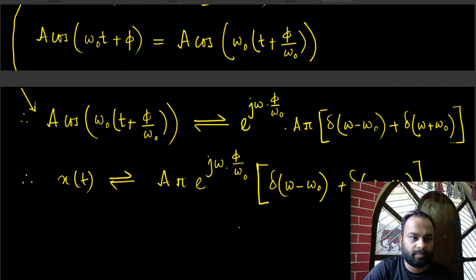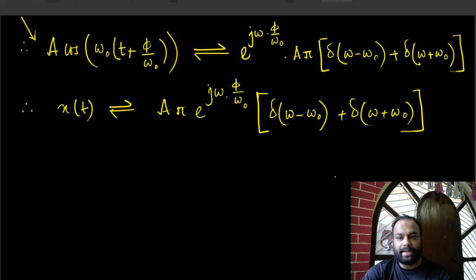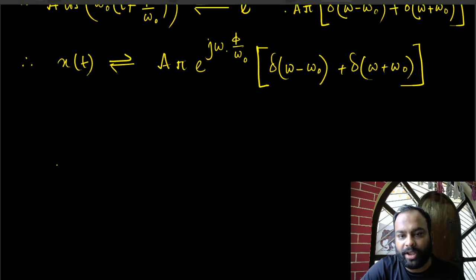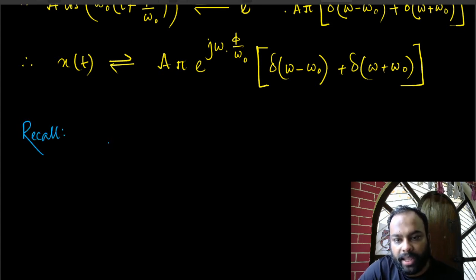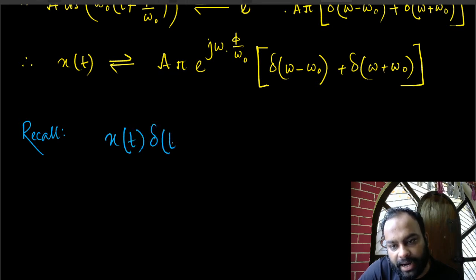Now please somebody tell me, if you see what is going to happen right after this. Try to recall that if I have something multiplied with delta(t minus a), what happens?